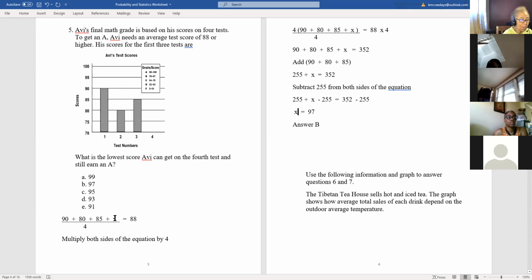So you need to find what that 4th score must be to give you an average of 88. So that's the way you set it up. The sum of the 3 scores plus the unknown, which we call a variable, could be anything from A to Z. We just called it X. That's 4 scores, average 88, and then solve for that unknown, which is 97.